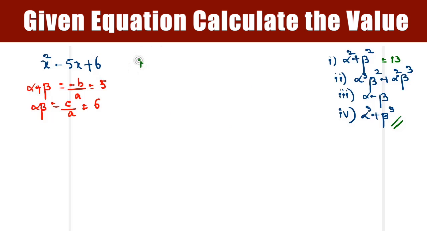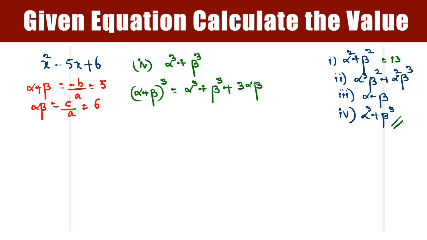Let us calculate the value for the last one, which is alpha cube plus beta cube. This is of the format a cube plus b cube. So let's go back to the formula of a plus b the whole cube. That is, a plus b the whole cube is equal to a cube plus b cube plus 3ab into a plus b. So I have written this in this style.